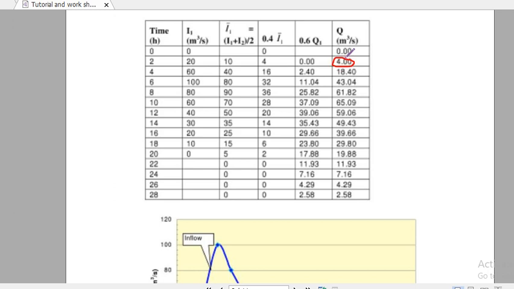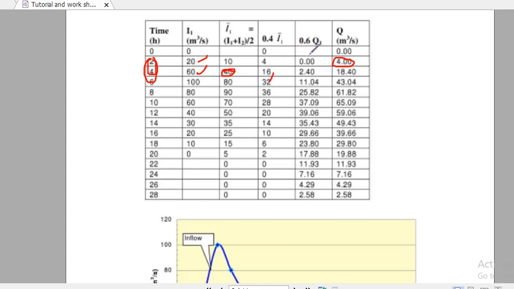4. And when you come to the next time interval, that means 2 and 4, I1 is 20 and I2 is equal to 60, then sum up and calculate the average, it is 40, then multiply by 0.4 you can get 16.